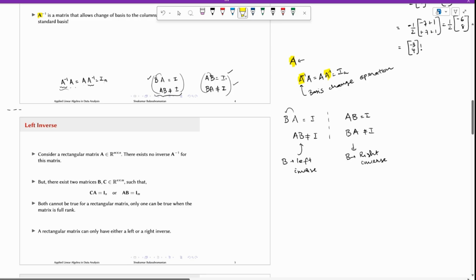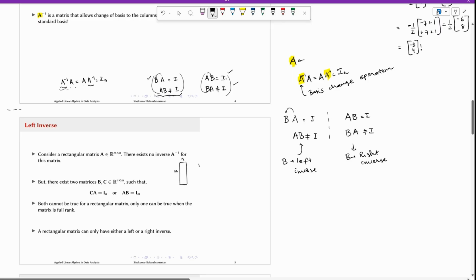Okay. So if you have a rectangular matrix that is tall, like this. And now we are talking about matrices that are M cross N. We're not talking about N cross N matrices anymore.